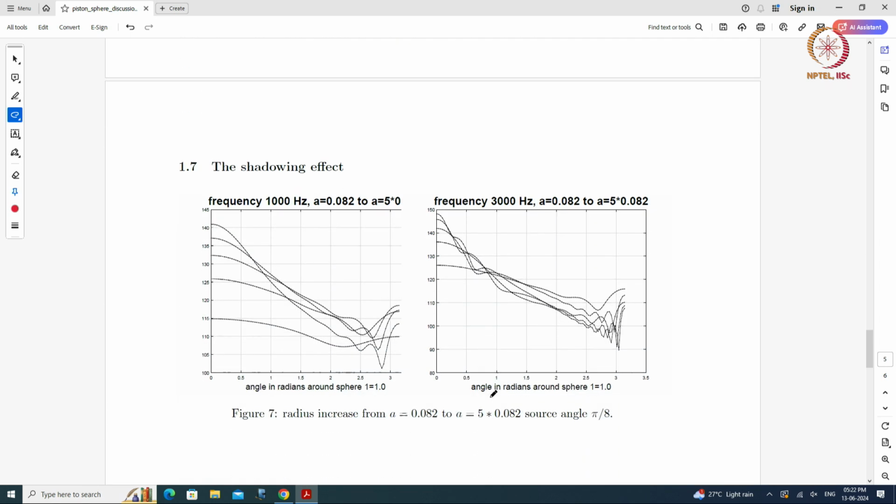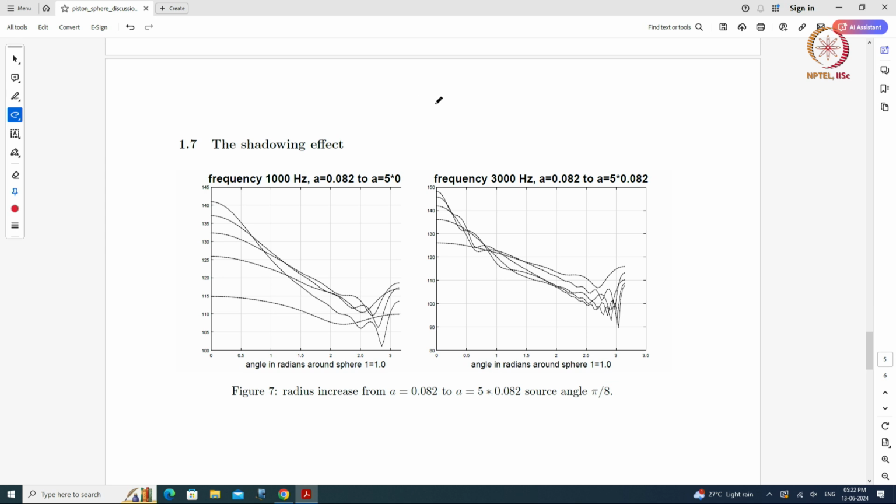Now for the shadowing effect. Here what I have done is that I have taken a constant half angle of pi by 8, and I have increased the radius of the sphere from the nominal value to 5 times the value.